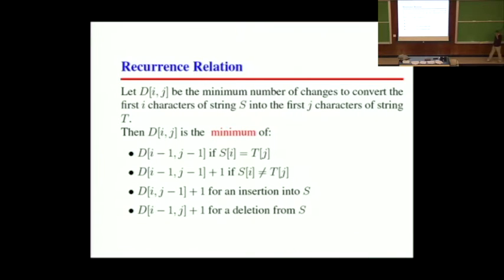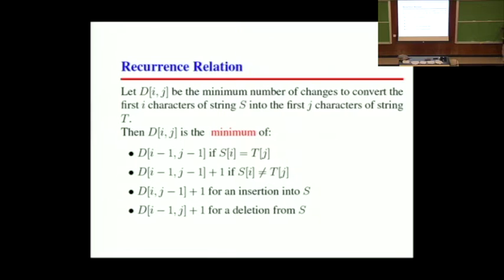Which one of these is the best operation? The one that's going to give me the minimum number of changes total in the string. Well, which one of them is it? The answer is I can't tell. But I can tell if I know the cost of editing the prefixes of these strings into each other, and the prefixes of these strings into each other, and the prefixes of these strings into each other.